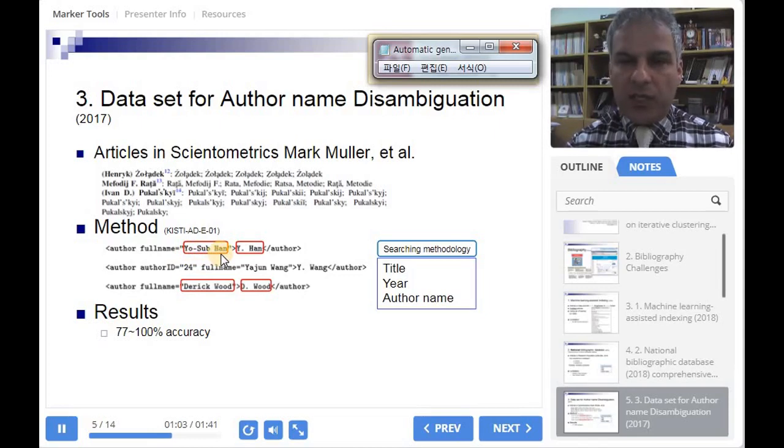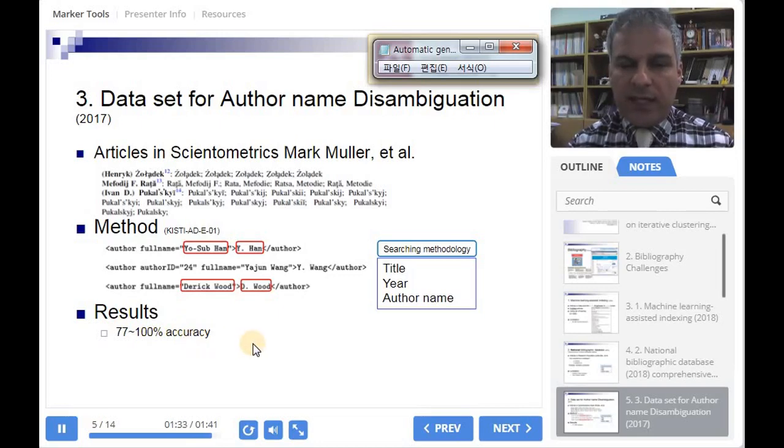So by searching those exact names, the author could be described more accurately. They use title, year, and author name for searching methodology, and their result was 77 to 100% accuracy of searching same names in the database.